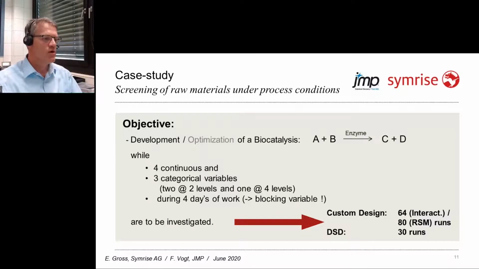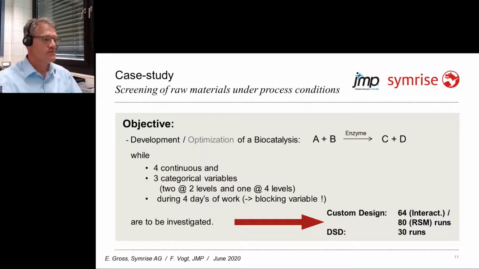While creating the design of experiment plan, we saw that we could not run all the required experiments during one day, but during 4 days of work. So we thought about that in advance and took the day also as a variable into account, in this case as a blocking variable, because we were curious to see if the day might have an impact, which we hoped it would not.